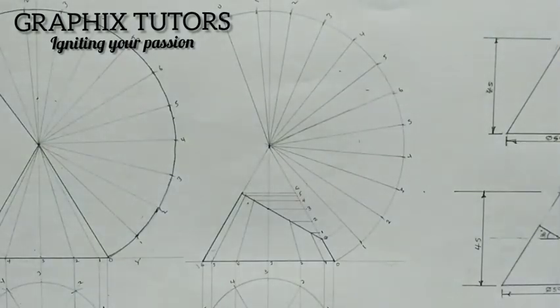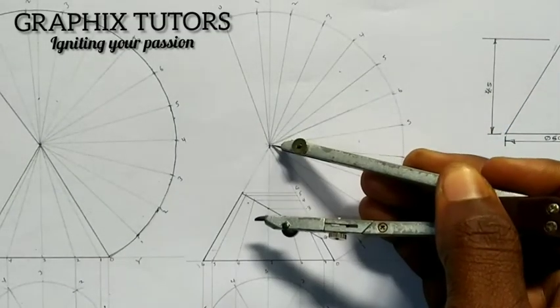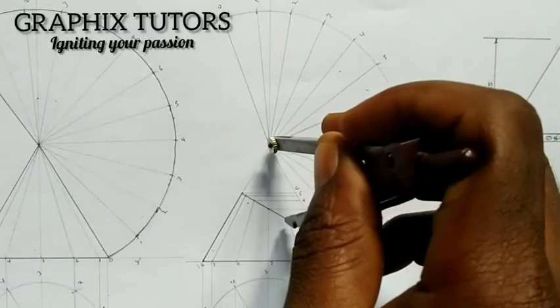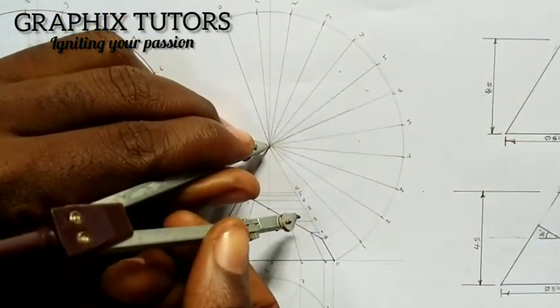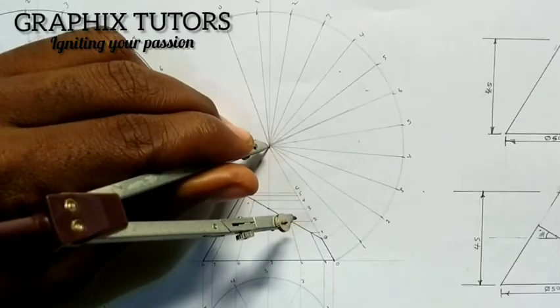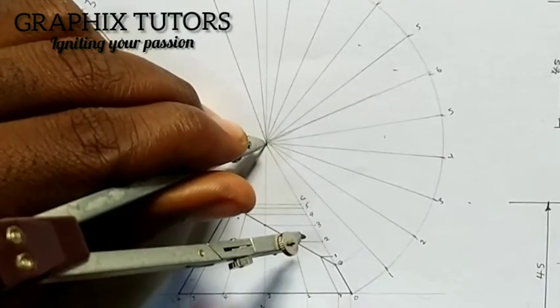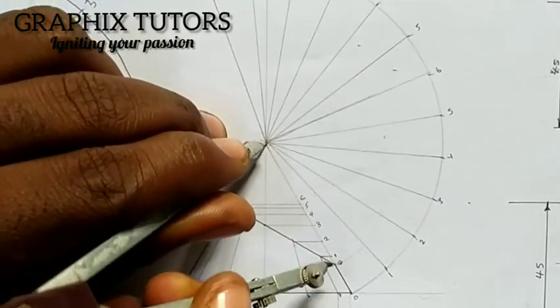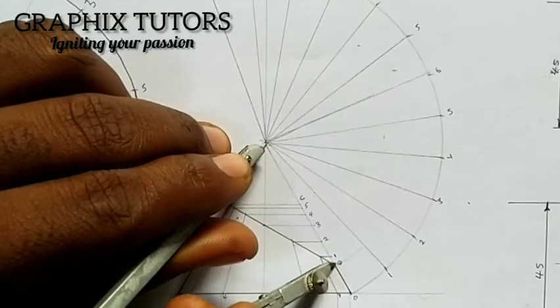Then the next thing you now do, you come back to this center here. Look at what I'm doing. You move your compass to 0 here, which is this. You can see that.